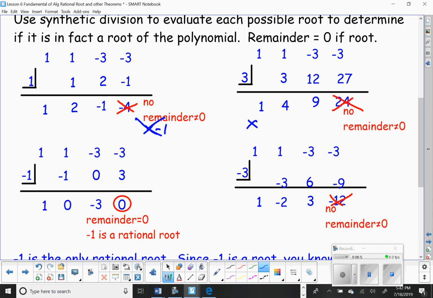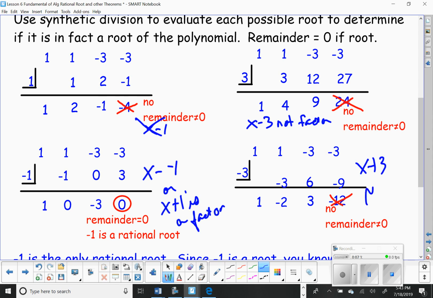This one tells me that x minus 3 is not a factor. This one, yay, this says that x minus negative 1, or x plus 1, is a factor. And over here, this tells me that x plus 3 is a big no. Okay? If the remainder is 0, then I've got a factor.